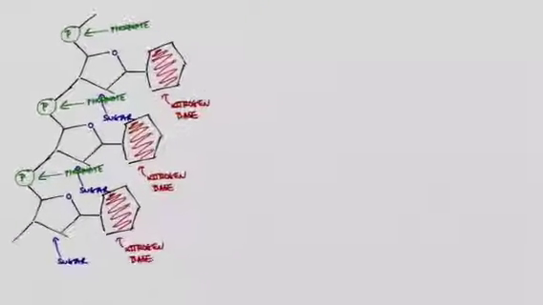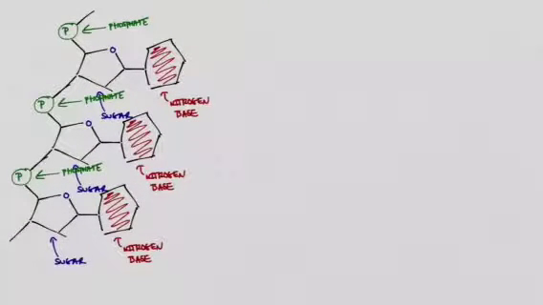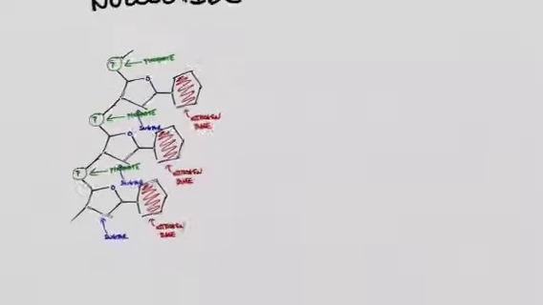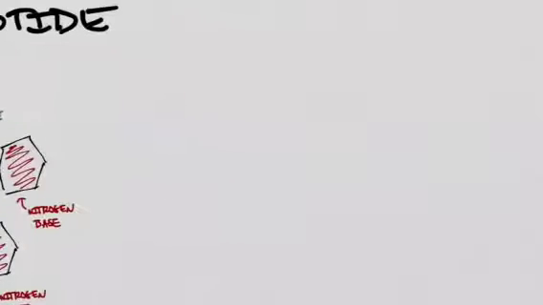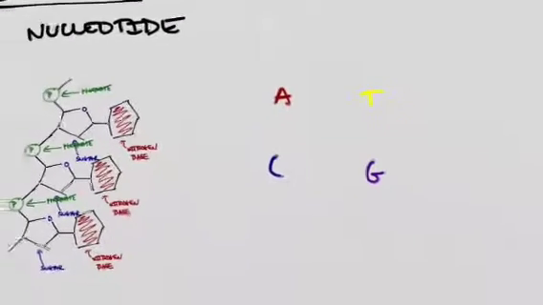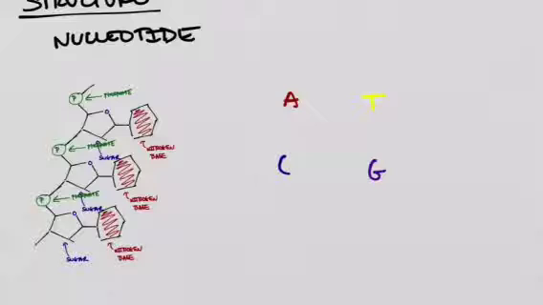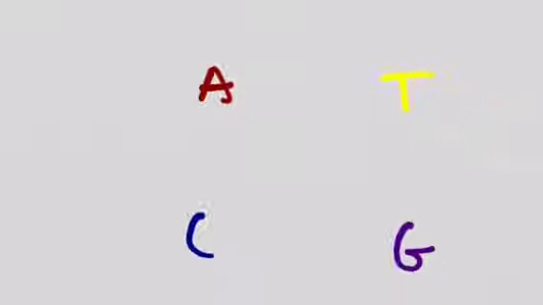Now, there's something important, something special about these nitrogenous bases that I need to tell you. There are actually 4 of them. There's A and T, and then C, there we go, C and G. And they're all slightly different, but here's the interesting part about them.